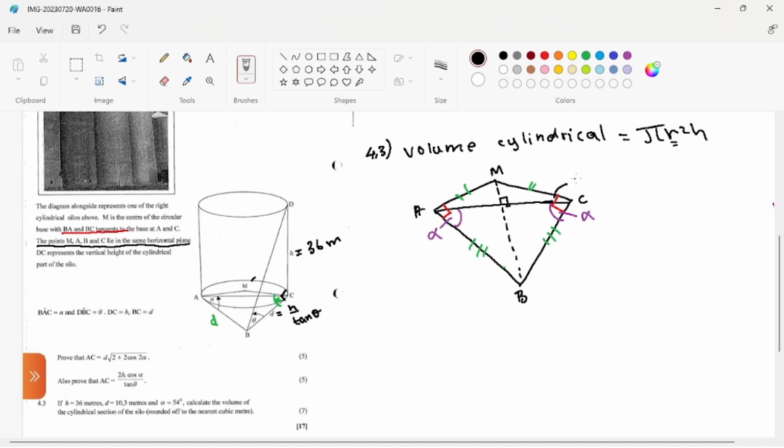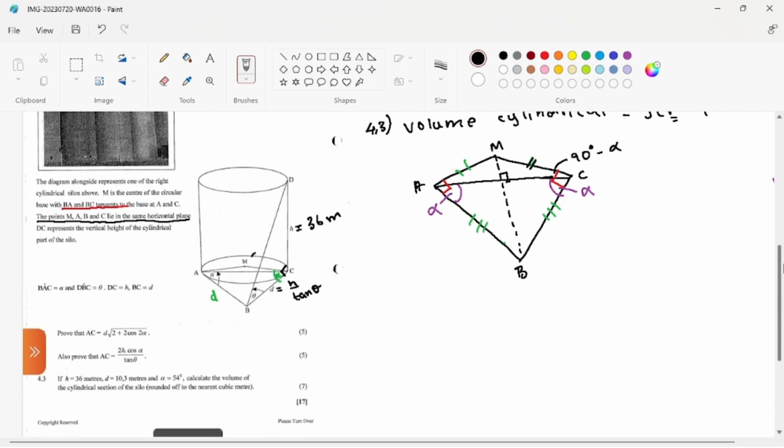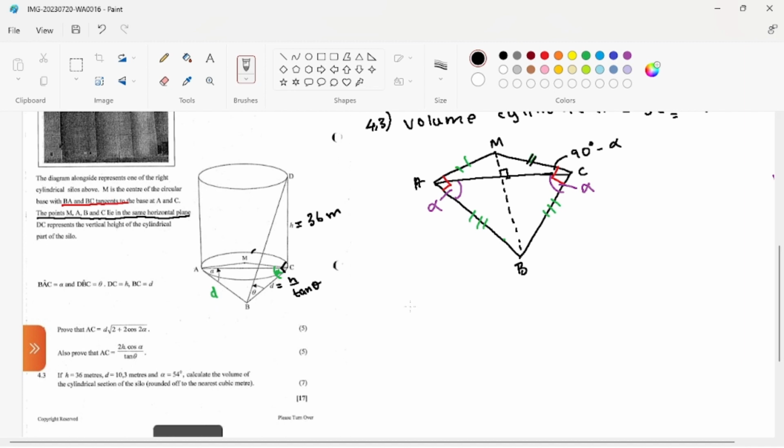Here it's going to be 90 minus alpha. If we can find just one side, then we can find the other one, right? So we can calculate AC.